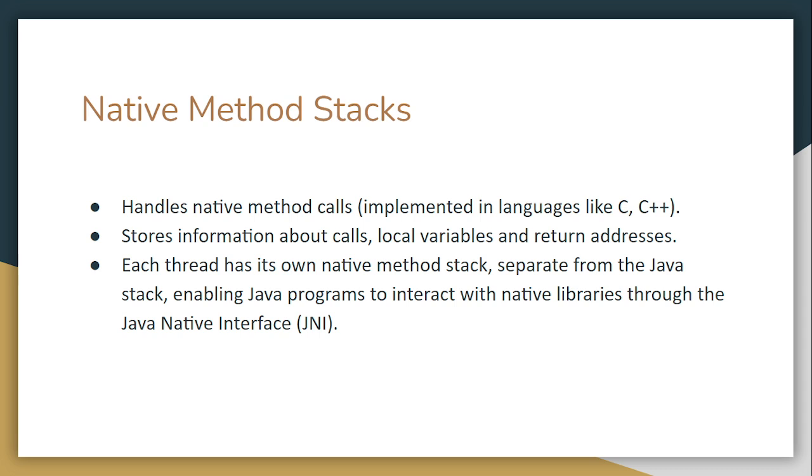So we are having few advantages of using compiled languages like C, C++, and we can leverage this by the use of Java native interface. So by which we can interact with the native libraries.